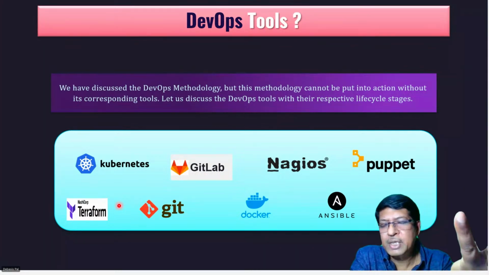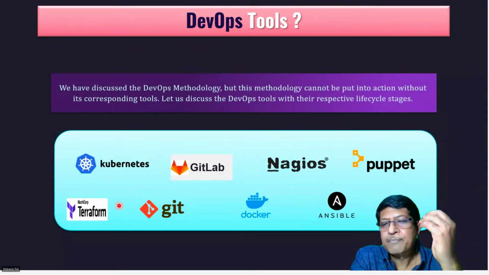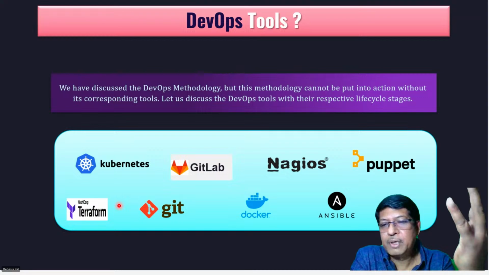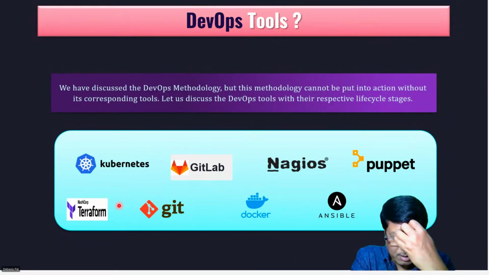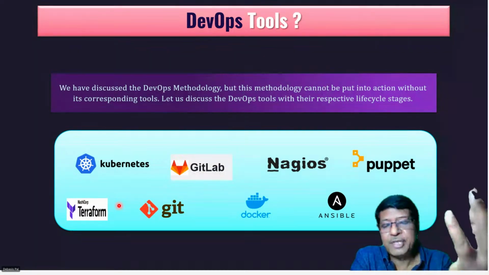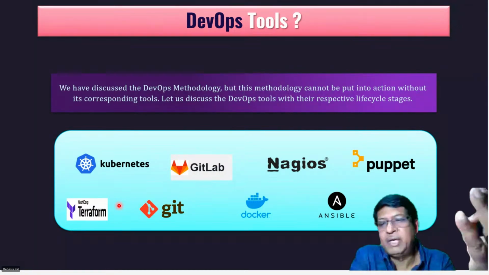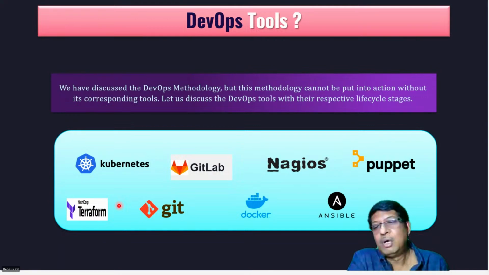That means you can create a server, you can create your network cloud, your private virtual cloud, and your subnets. There are many aspects of it, but you can do all the provisioning through Terraform. And once the infrastructure has been created, you will use Ansible to configure the system.